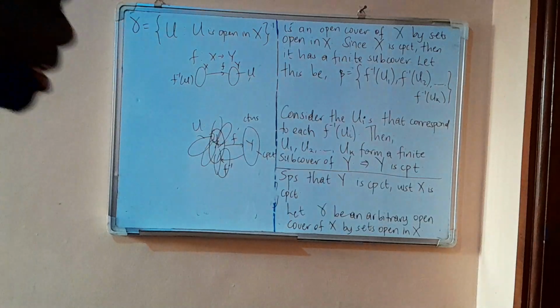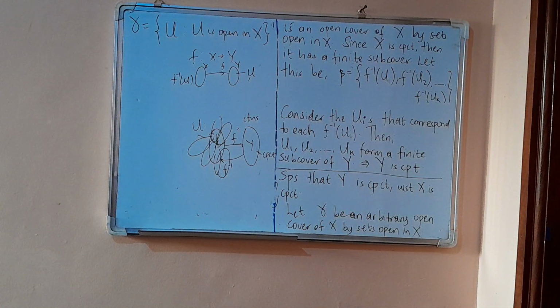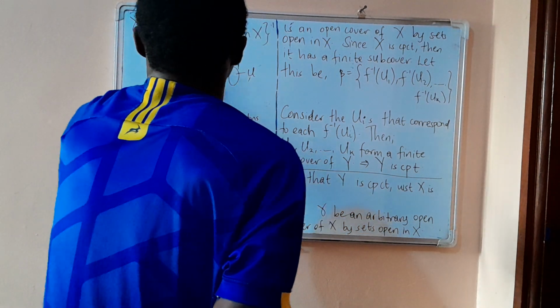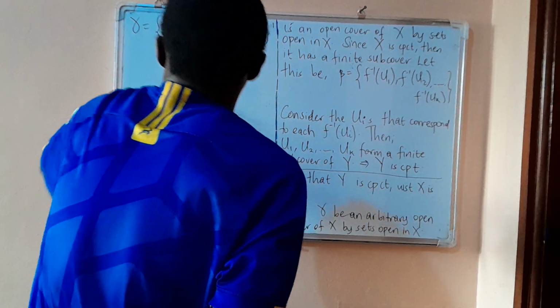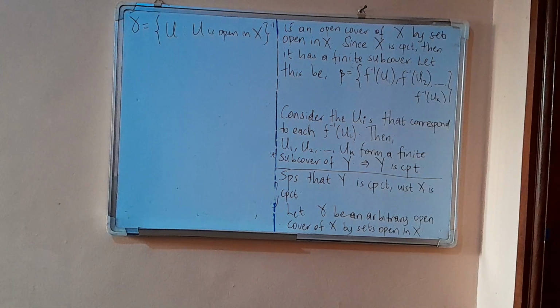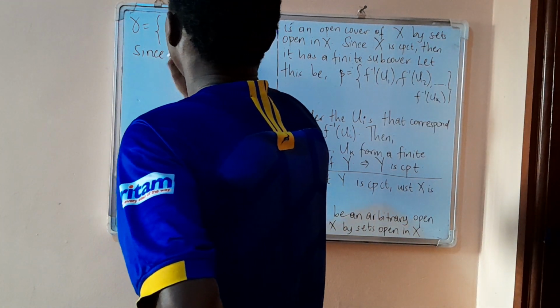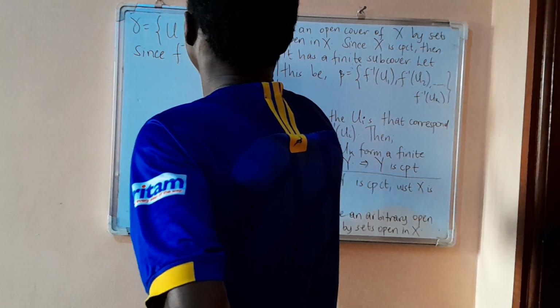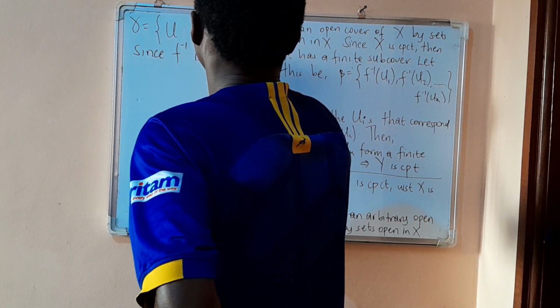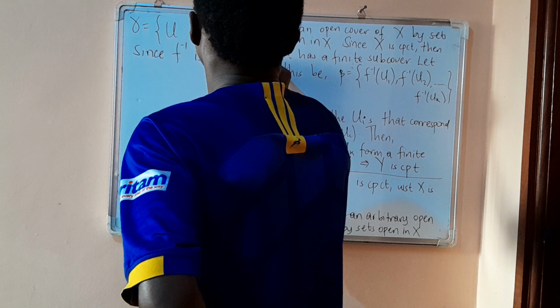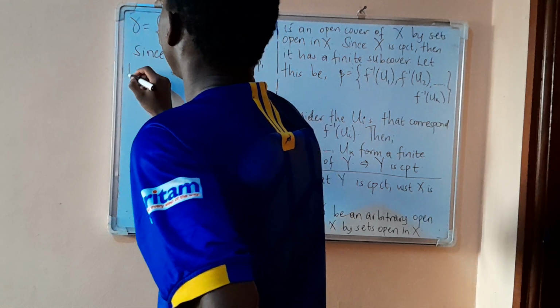F(U) should be open in Y, since F inverse is a continuous map.